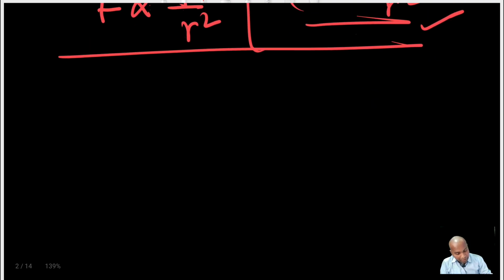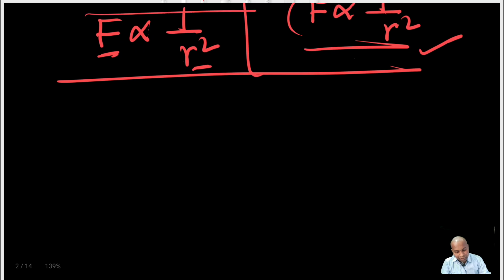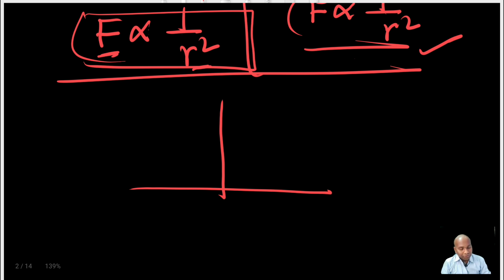So here I have to draw the graph for the force and the distance between the two charges. This equation gives a hyperbola equation, so we have to draw a hyperbola. It gives a rectangular hyperbola according to this.